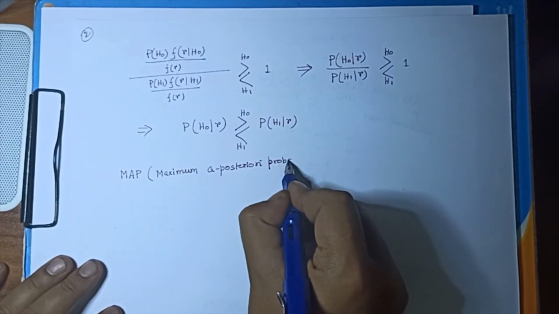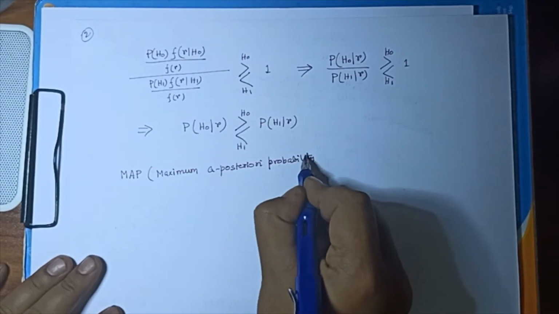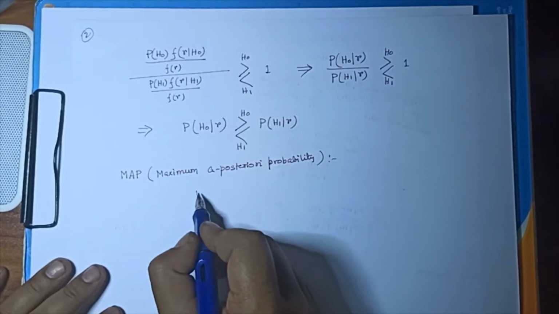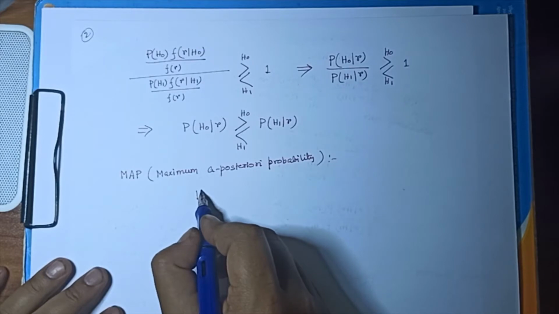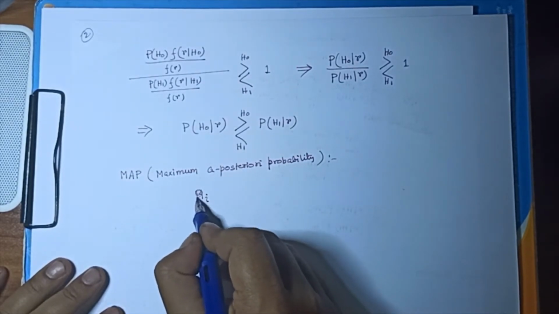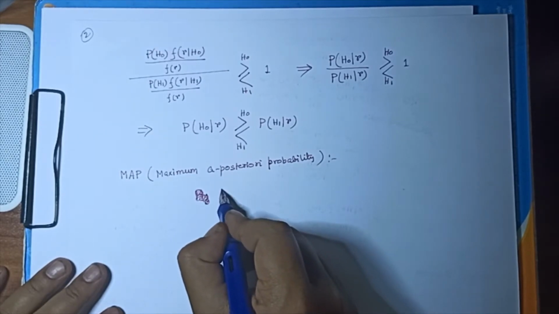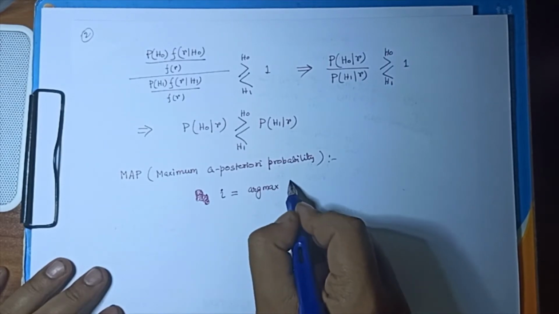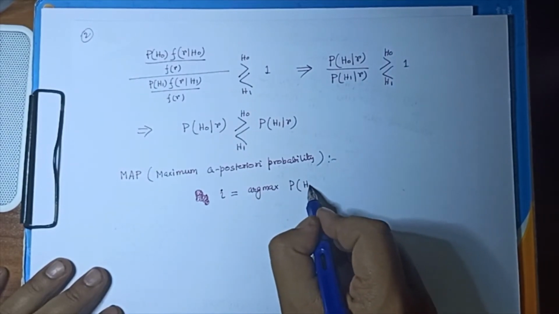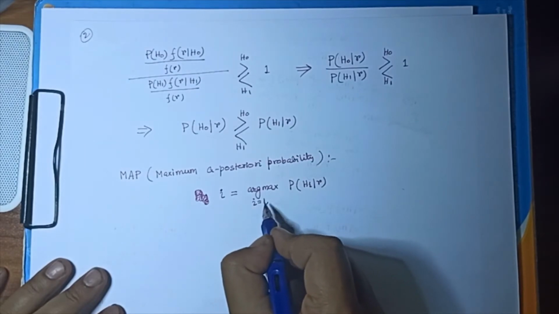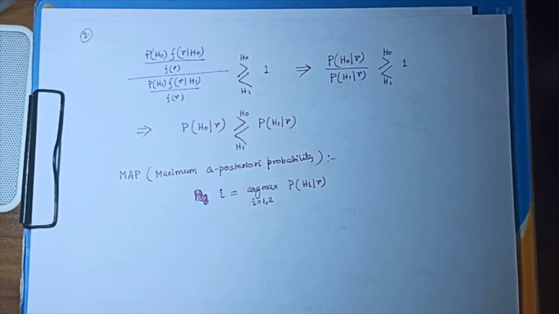What it says is choose that Hi which maximizes the posterior probability. So I can write i, basically i is the argument: i is equal to argmax of P(Hi given r). So based on the evidence of r, i is equal to 1 and 2. Okay, so this is what maximum a posteriori detection is.